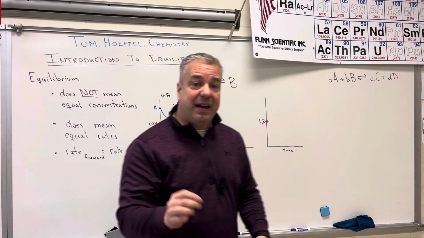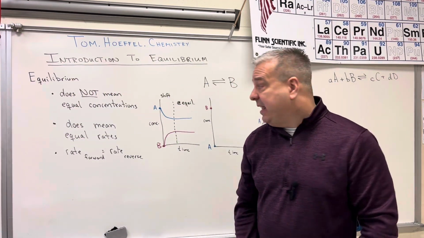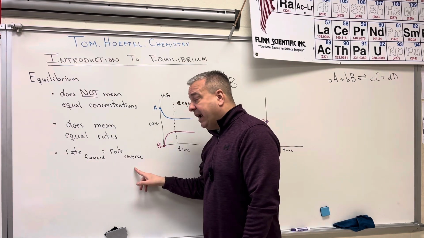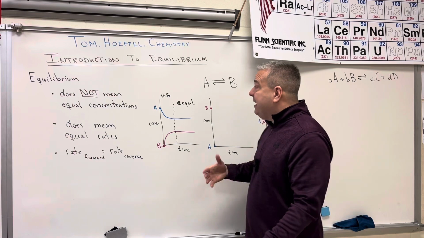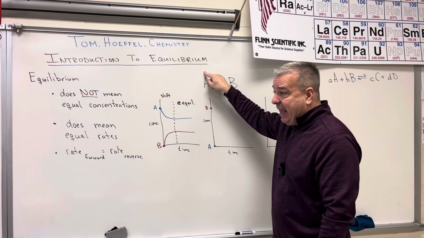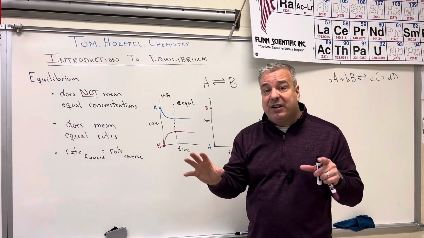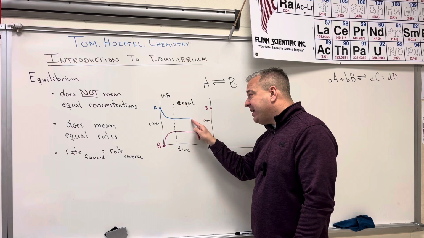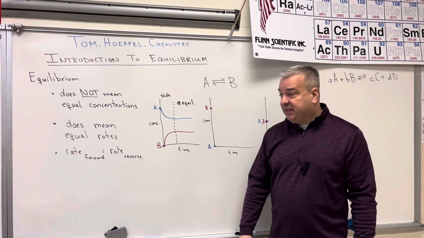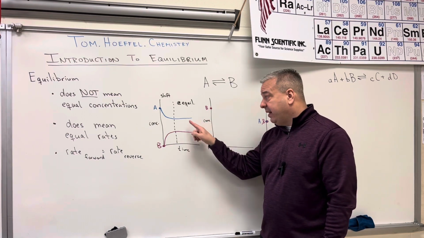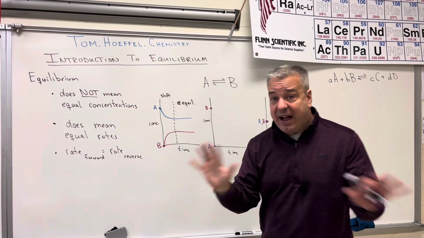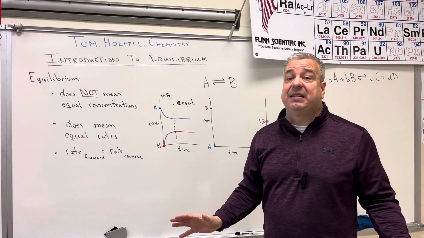Now, the reason why the concentrations remain constant is because after this point, the forward rate and the reverse rate are equal to each other. So as fast as we can make B, B is making A. And if those rates are exactly the same, then we would not expect a change in concentration, and they would remain the same. Now, as you can see, there is more A than B. The concentrations are not the same when equilibrium is established.